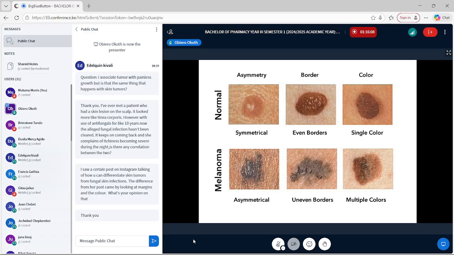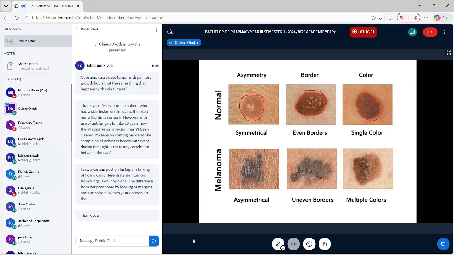Okay, and this we have to mean by this the symmetrical, well demarcated. The borders are very, very nice. Yes, and you can see just one color. Here, the margins are not very clear.